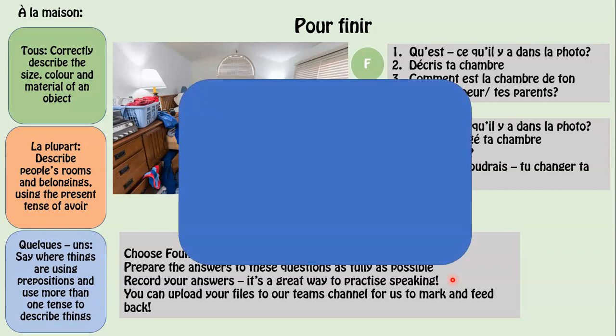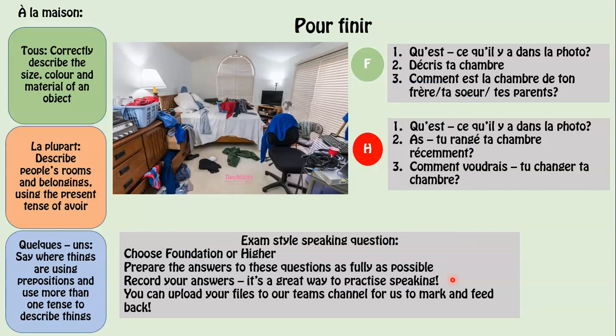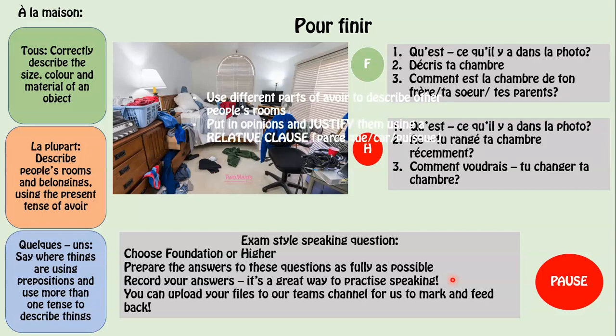Okay, some tips just before you do this. Make sure that you are using different parts of avoir to describe other people's rooms. Put in opinions and justify them using a reason like parce que or car or puisque. Use the different tenses to narrate events.